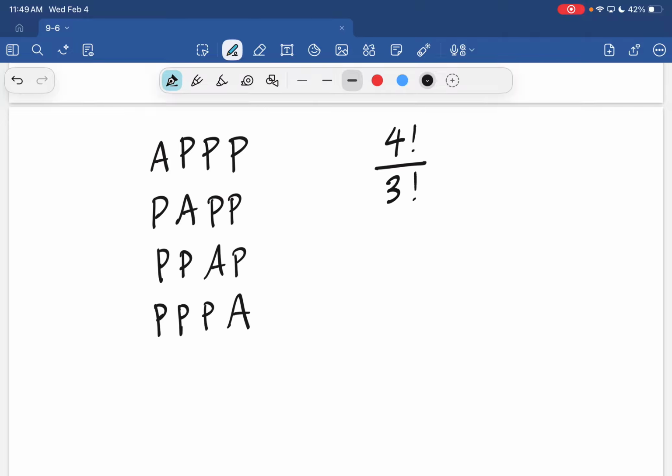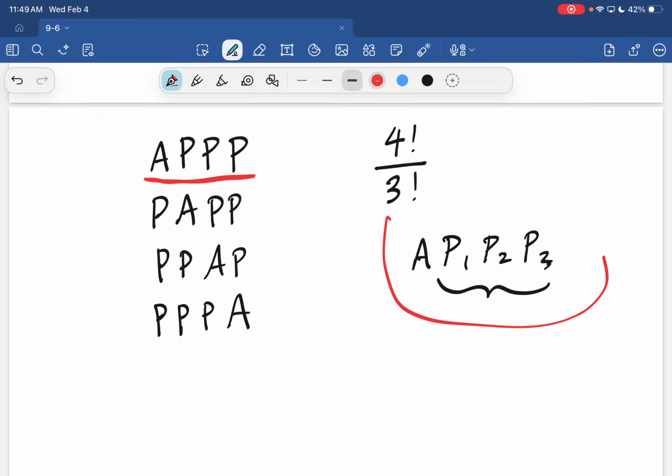Because if we were to order them normally, if they were distinct, there would be 4 factorial, because we have 4 letters. But every single one of these would be overcounted by a factor of 3 factorial. And why is that? If the P's were distinct, like P1, P2, P3, how many ways are there to order P1, P2, P3 within this ordering?